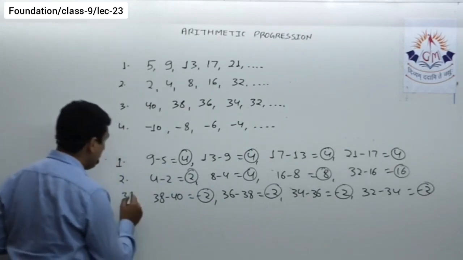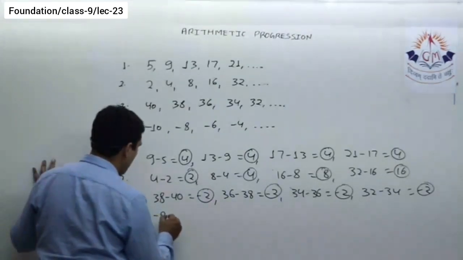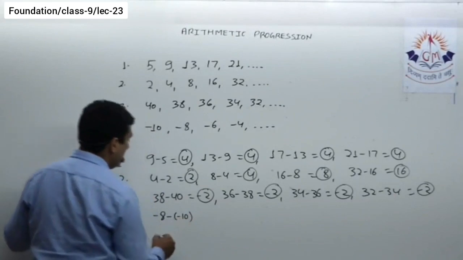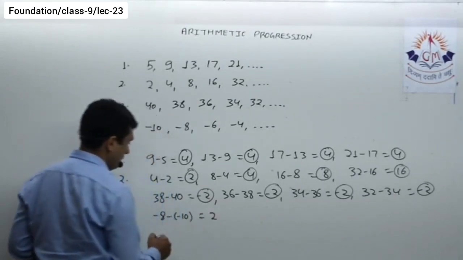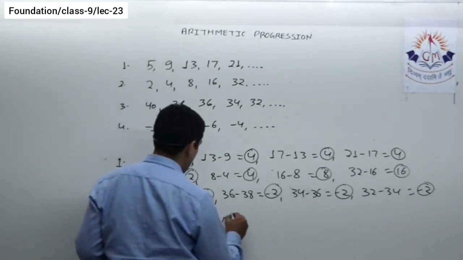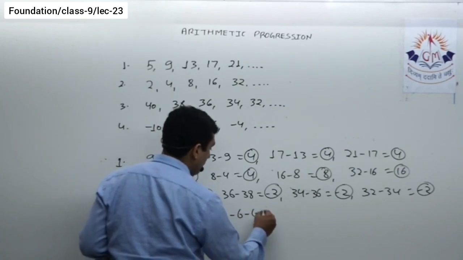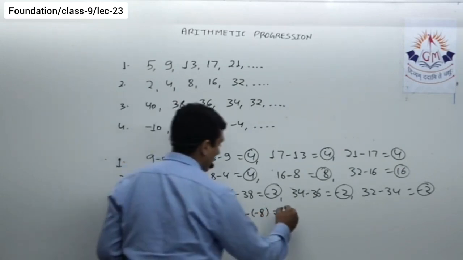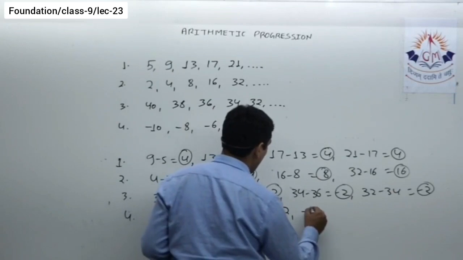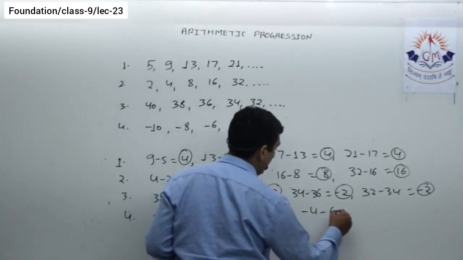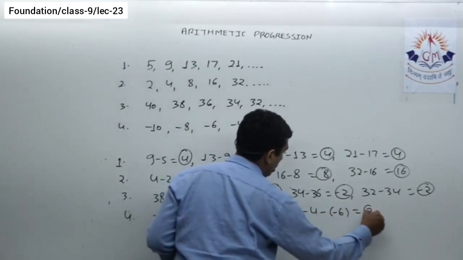Let us see for the fourth one. Minus 8 minus minus 10, that is plus 2. Then minus 6 minus minus 8, that is again plus 2. Then minus 4 minus minus 6, that is again plus 2.